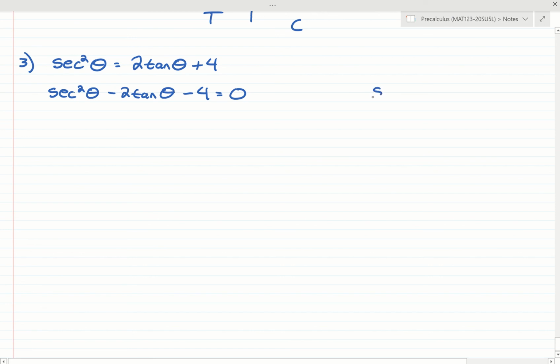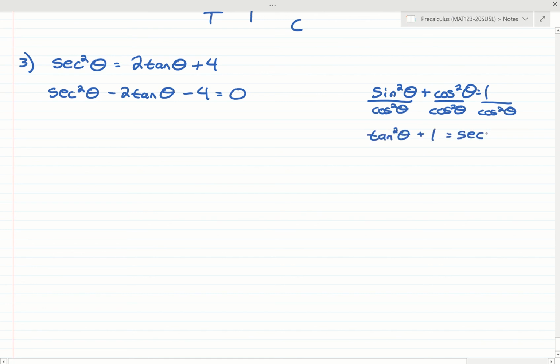Remember, sine squared of theta plus cosine squared of theta is 1. That's the one that I always remember, and I asked you guys to remember that too. If we want to get secant, we're going to have to divide everything by cosine squared. And this gives us tangent squared of theta plus 1 is equal to secant squared of theta.